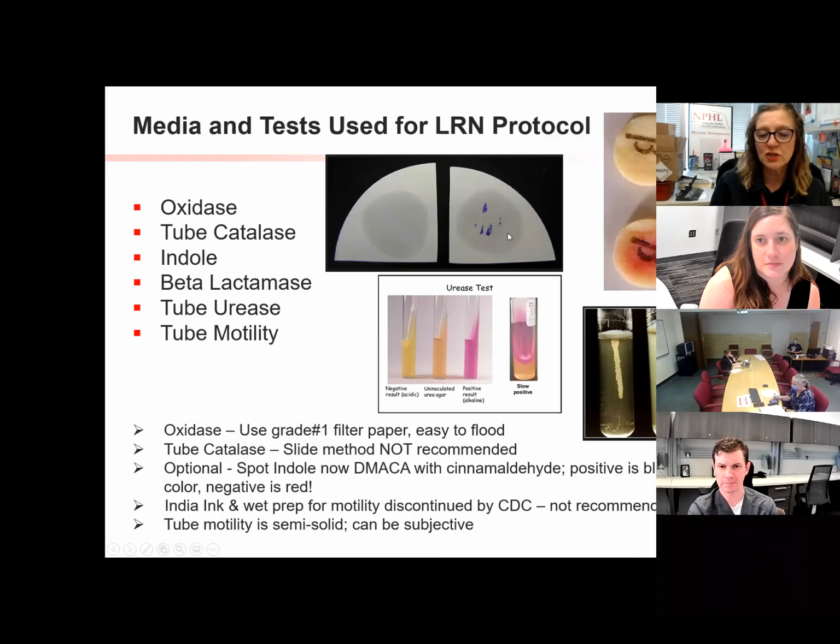There is a trick to the trade in doing oxidase. If you try to put the organism in the very center, it might be negative, even though it's supposed to be positive, because that's where most of your fluid is. And you could flood out your organism. You won't be able to see the positive.